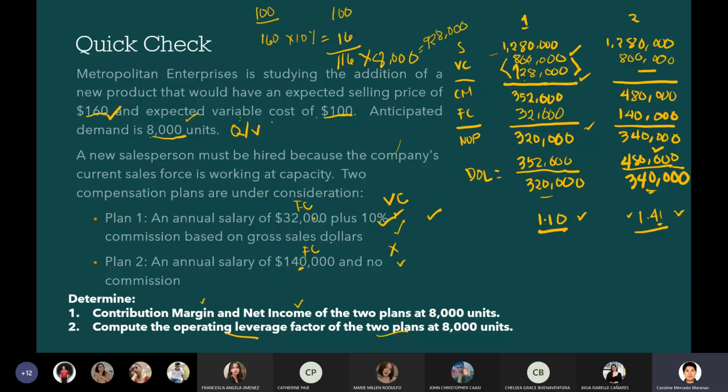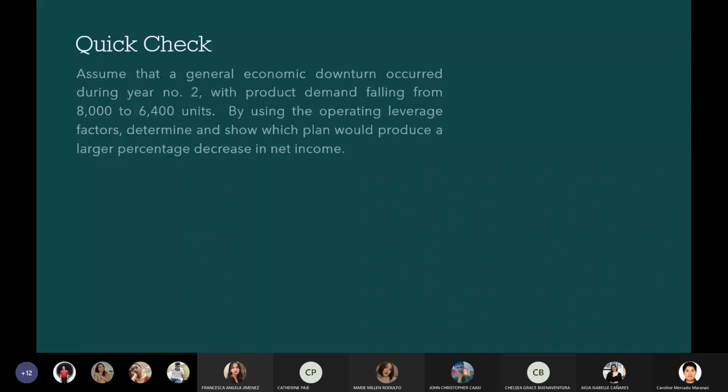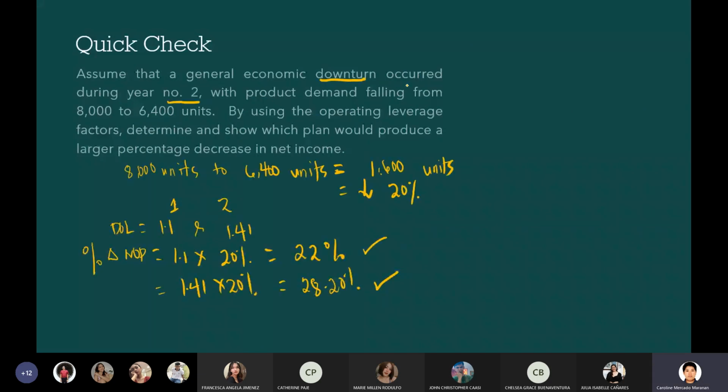So titingnan mo, syempre hindi lang naman po ito ang pinagbabasihan, kaya nga tinitingnan natin ano ba ang market. Katulad nito, hindi niya na-predict na nagkakaroon ng downturn. So kung alam niya magkakaroon ng downturn, ano ang pipiliin niya? Siyempre plan 1 kasi mas maliit yung effect sa profit.